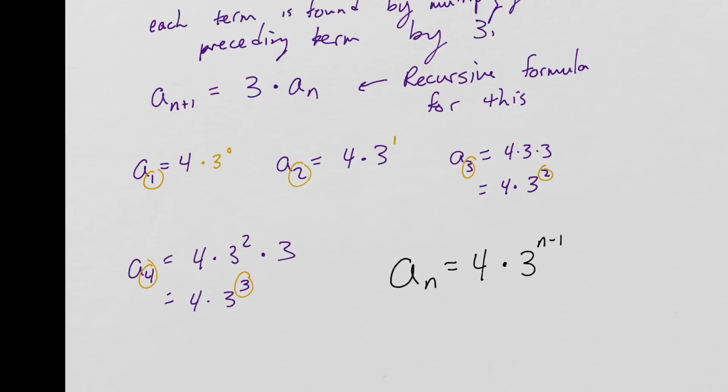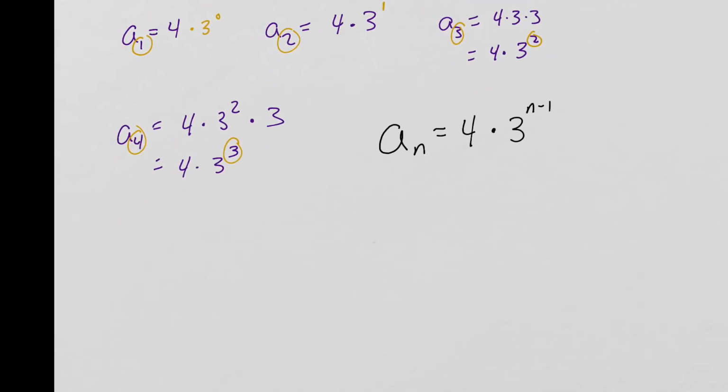Okay, so in general, what we're going to start recognizing is that our explicit formula for geometric sequences is going to be a sub n is equal to a1 multiplied by r to the n minus 1, where, as usual, a1 is just the first term. r is the thing I'm interested in.